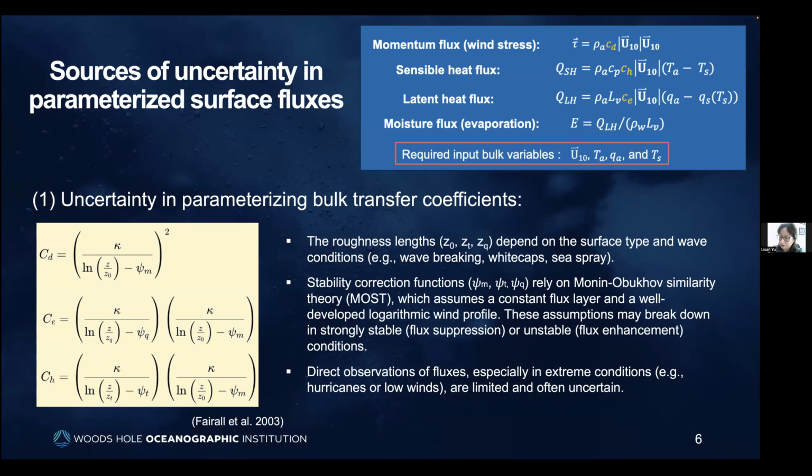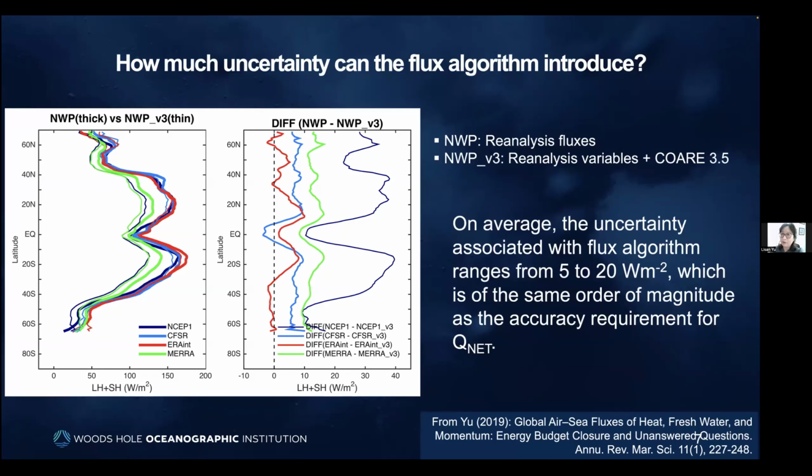Plus, we always have the problem of direct observations of fluxes, especially in extreme conditions, which makes improvement or refinement of these fluxes very difficult. And some people may be wondering, how much uncertainty can flux algorithms introduce?